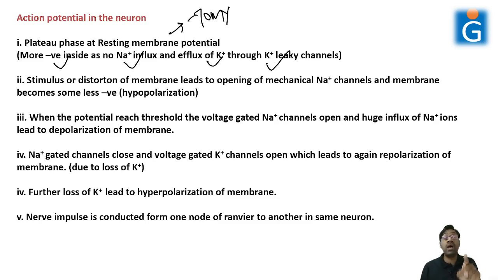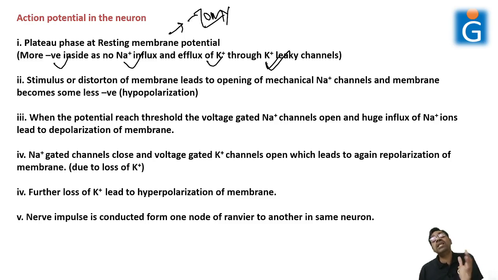Note it down. I am not saying that the voltage gated potassium channels are open at resting membrane potential, but the potassium leaky channels are open. This is a very fine channel through which excess potassium is going to leak from the cytosol to the ECF. It maintains negative polarity due to the efflux of potassium, the loss of positive ions from inside the membrane, that is minus 70 millivolts.